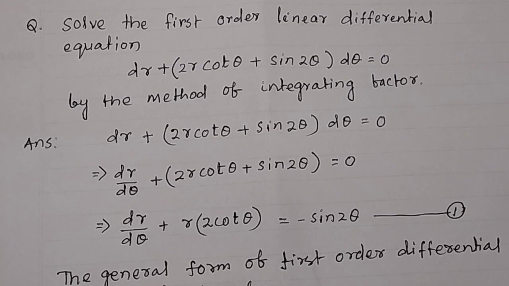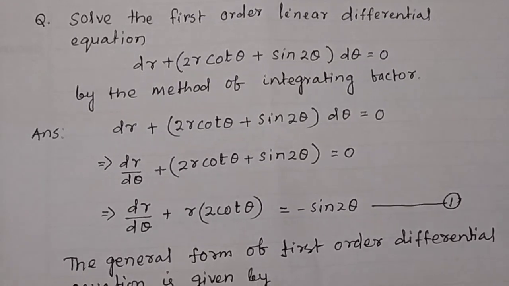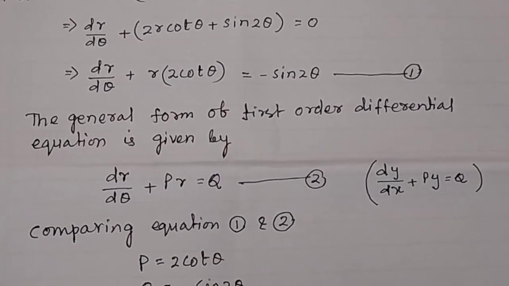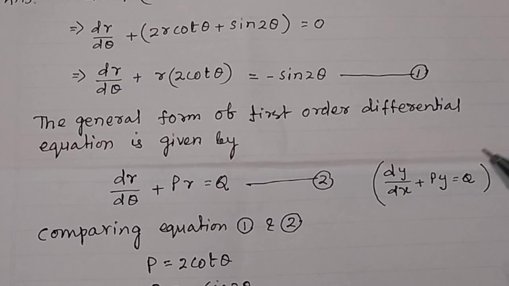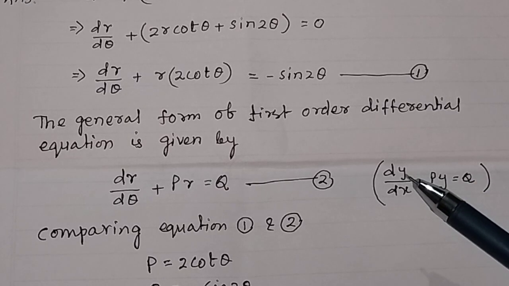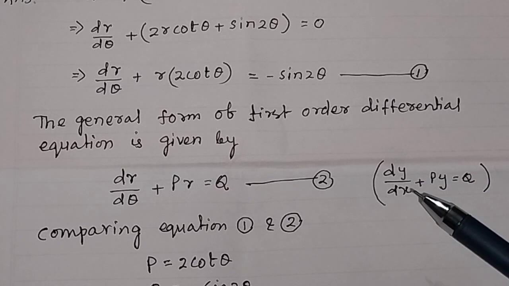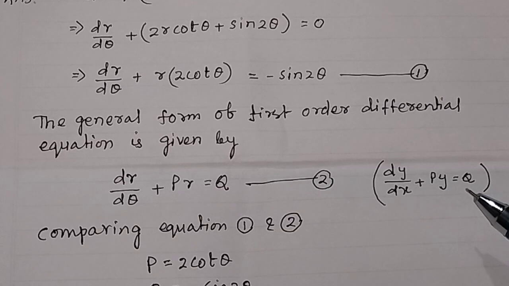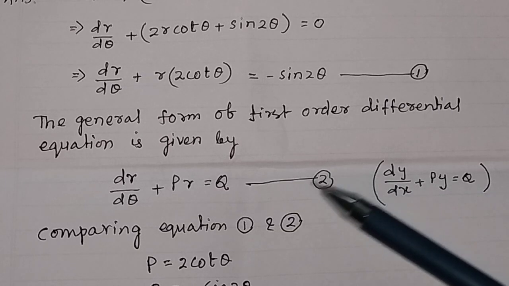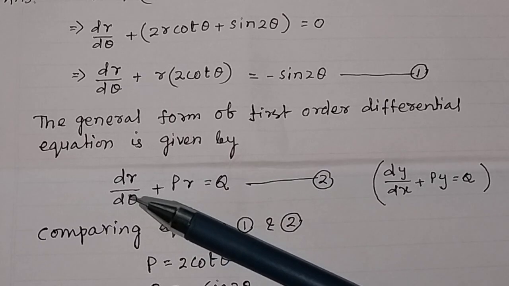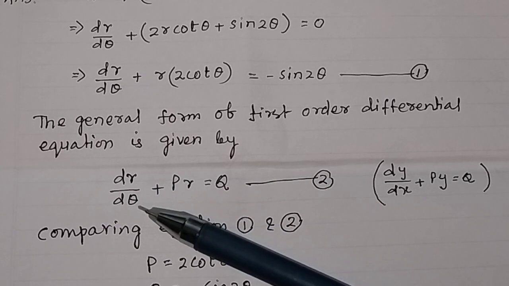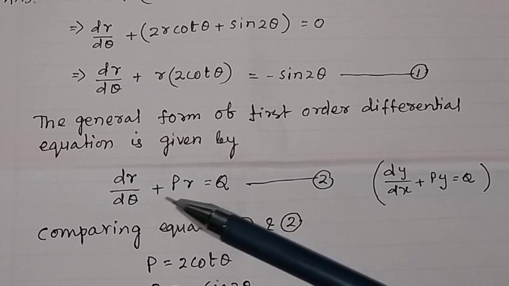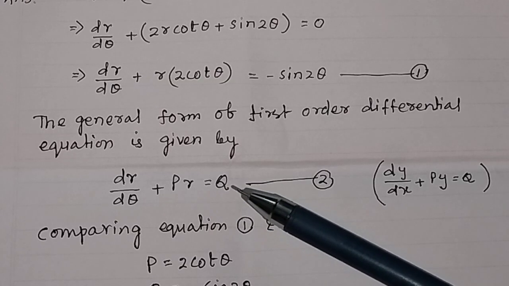And the general form of first order differential equation, we know that in x y form, it is derivative of y with respect to x plus py, that is equal to q. And in terms of r and theta, you write it derivative of r with respect to theta plus pr, that is equal to q.